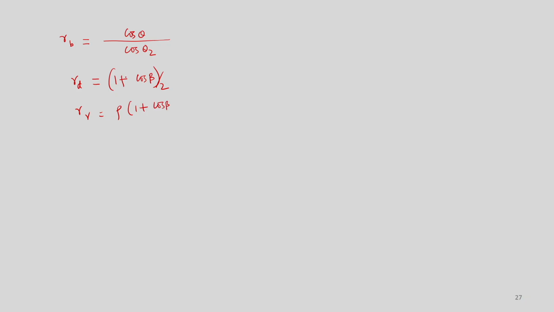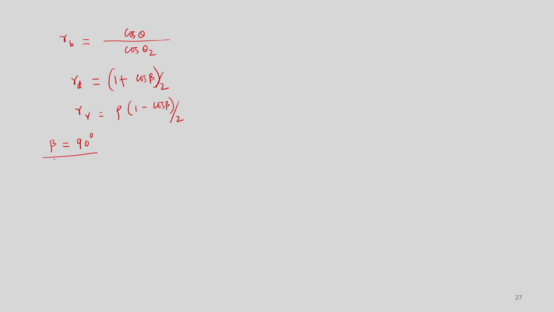I think this is plus and this is minus. Okay. So, before we start, let us know the values. So, beta will be here 90 degree, right, because it is a vertical surface.